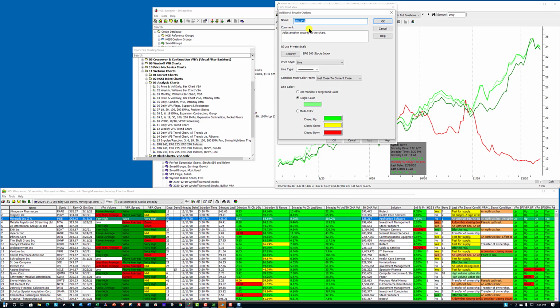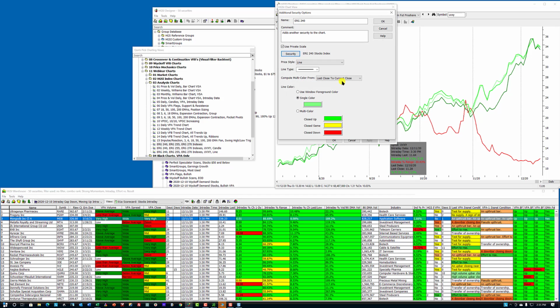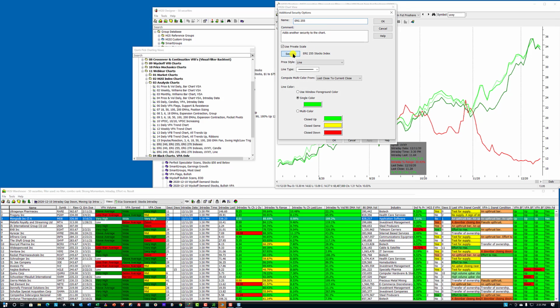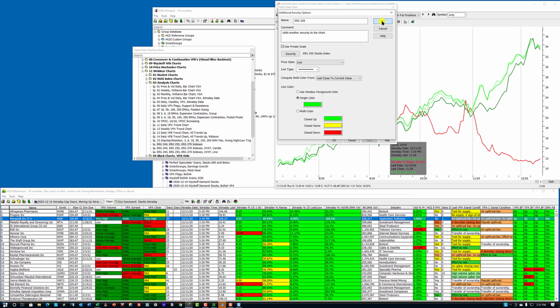Right mouse click, edit the current view, and click on ERG 240, click on security, and go down to the User SmartGroups and just click on the index. In this instance, 240. I'll do that slower next time. 240. Now I want to do the 255s. Click on that. I select 255.